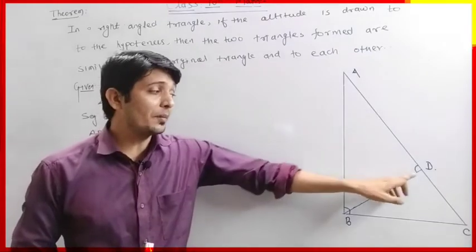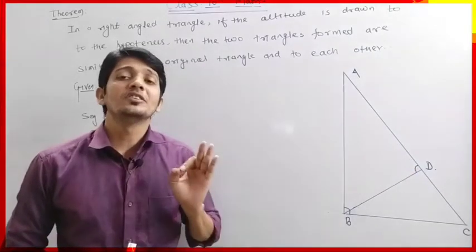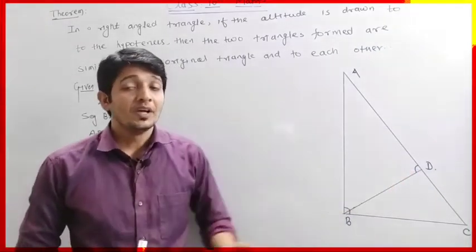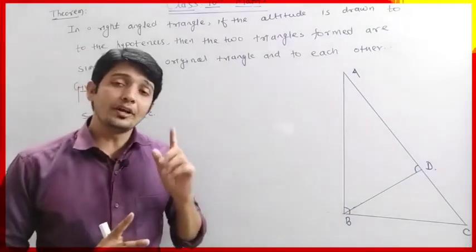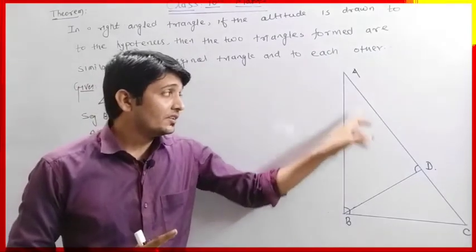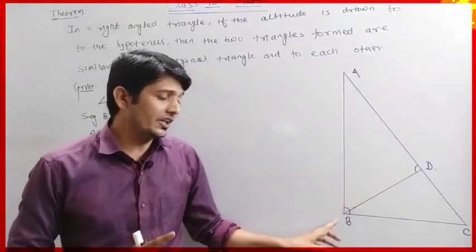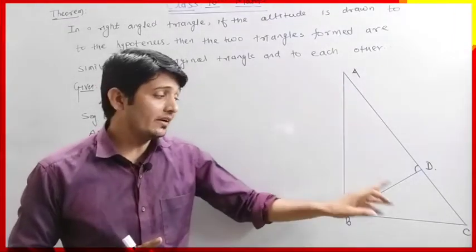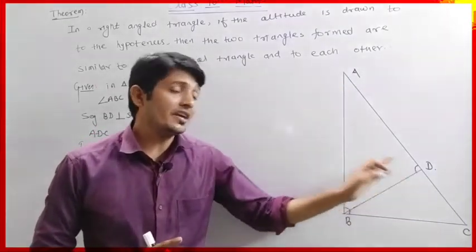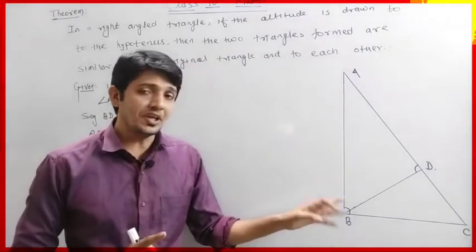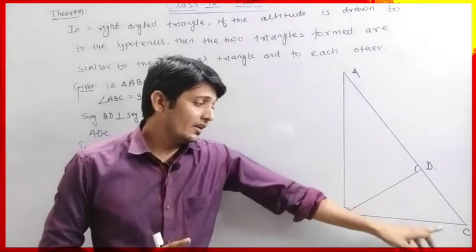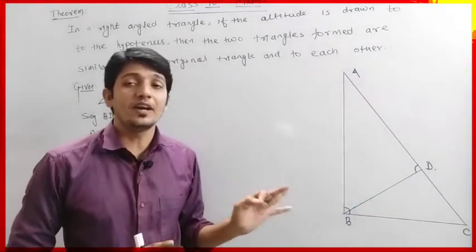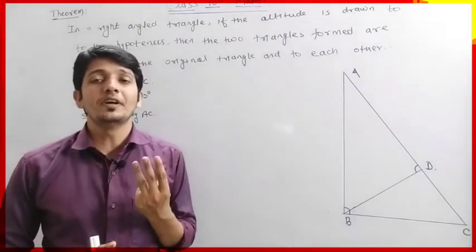We drew a perpendicular on the hypotenuse, that means it forms a 90 degree angle here. Okay, so we have to prove according to the theorem that triangle ADB is similar to triangle ABC, triangle BCD is similar to triangle ABC, and triangle CBD is similar to triangle ADB. That we have to prove in three different ways.